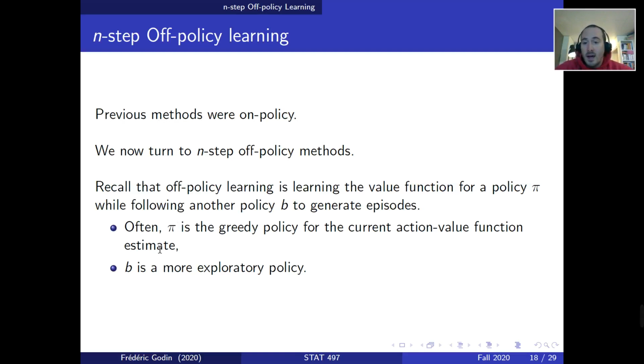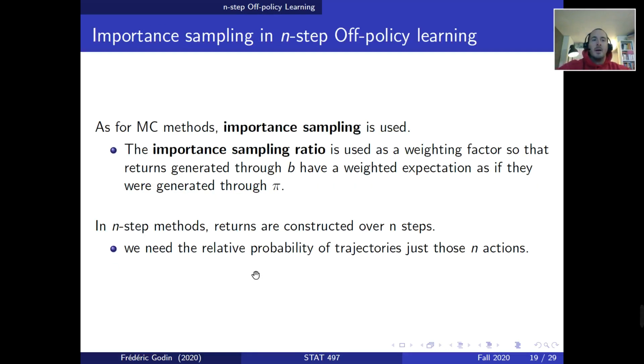So pi is as close as possible to the optimal policy, whereas b tends to explore more, to try the various state action pairs and to have a faster refinement of the estimates of the various state action pairs. So b typically explores more, whereas pi is more greedy and tends to lay all its eggs in the same basket, which is the greedy action in all states.